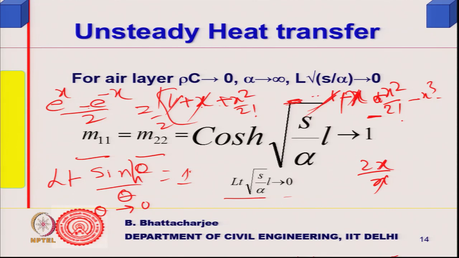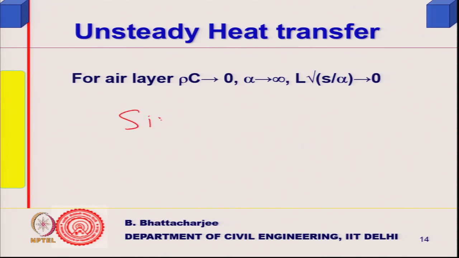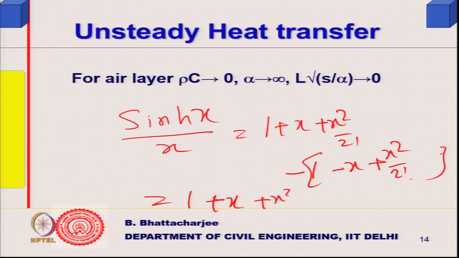So, again this will tend to, let me just do it again for you, sin hyperbolic x by x. This would be 1 plus x square by factorial 2, blah blah blah, minus 1 minus x plus x square by 2, and now this can be written as 1 plus x square by factorial 2 minus 1 plus x minus x square by factorial 2.